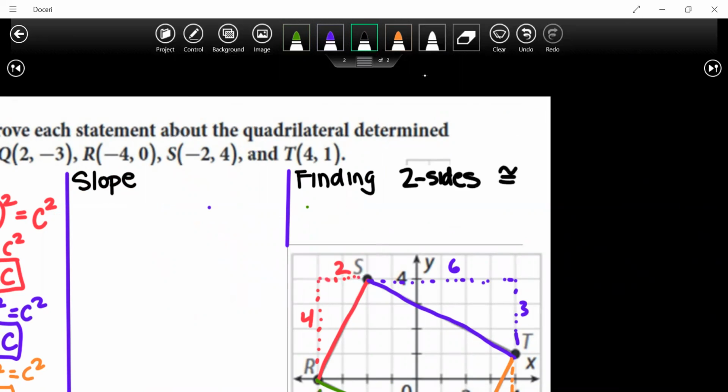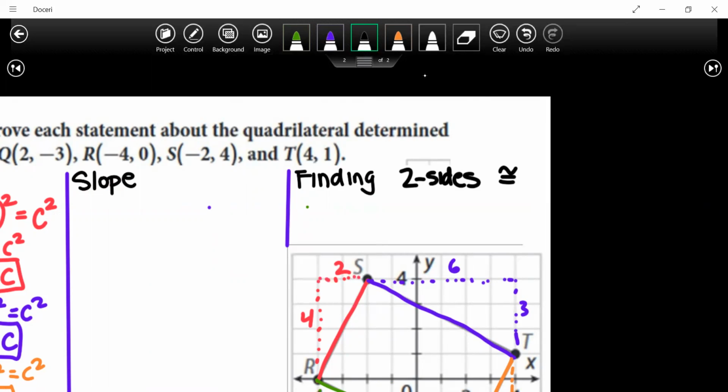What's another word for congruent? Equal. They're two congruent sides. So automatically, what quadrilaterals get eliminated? Square, rhombus, isosceles trapezoid. That only leaves what? It only leaves the rectangle.